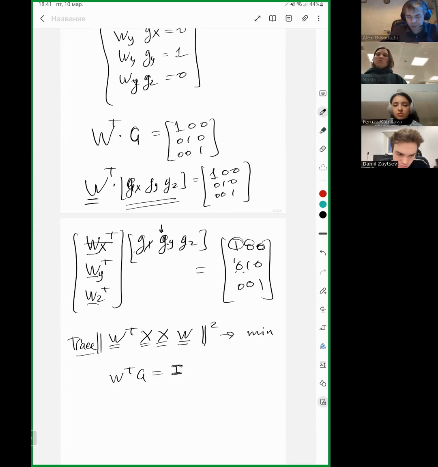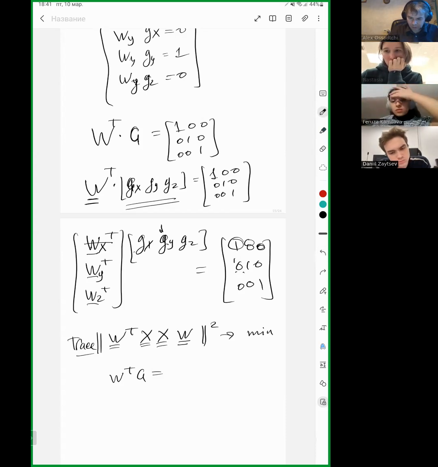And more generally, maybe we want to emphasize the dipole along some specific direction, right? Or maybe we want some more complicated constraint, right? To make it general, we can say that it's equal to some matrix C, which is your constraint matrix, right?